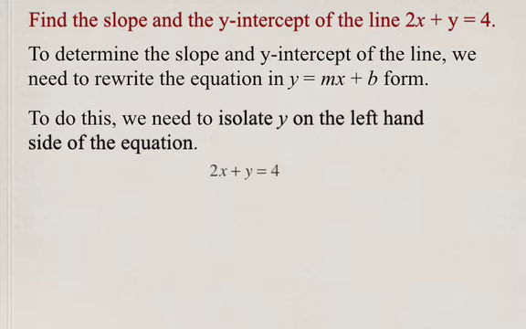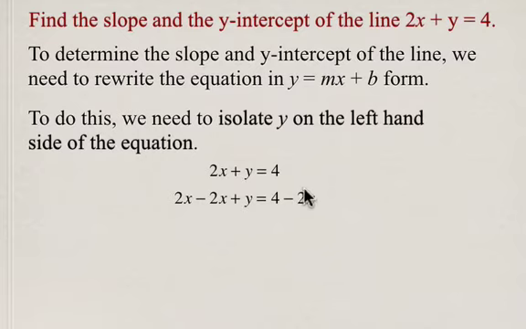And so if we write our equation, 2x plus y equals 4, to isolate y to get it by itself, we need to get rid of this 2x. And so what we can do is subtract 2x from both sides, and that'll give us, on the right-hand side, 4 minus 2x. Now this side is going to simplify to be 2x minus 2x is 0, plus y will just be y.